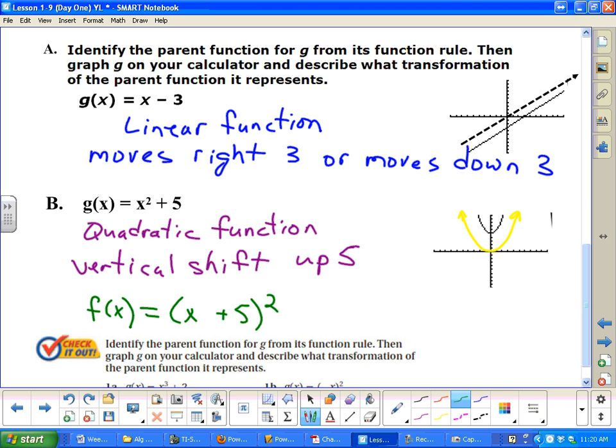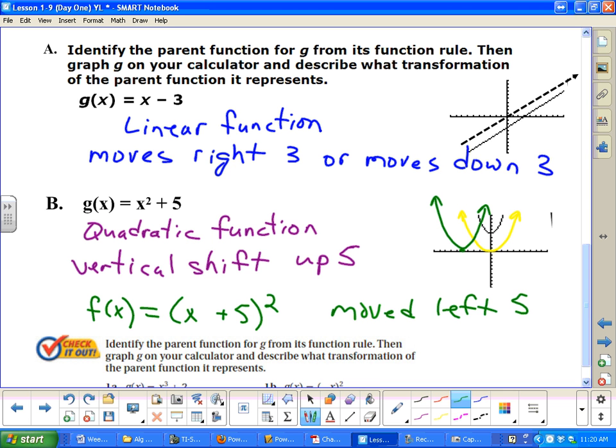Okay, Shelby, what did that one do? Move to the left 5 units. Okay. So that was a horizontal shift. Okay, so here's how you know the difference, whether it's horizontal or vertical.